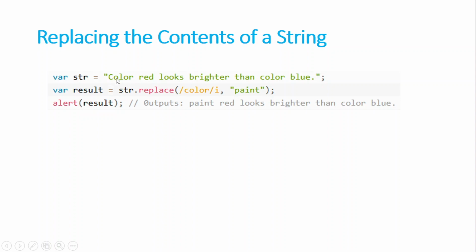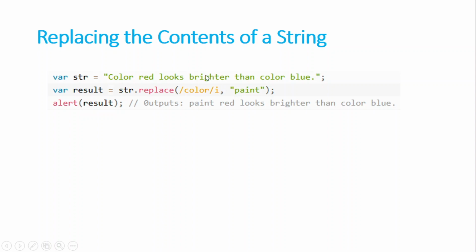You can replace color with paint, whether it matches the case or not. And you can see both of them are replaced. So it was already replaced, but this one was replaced without checking the case. So i means case insensitive, and it is changed to paint now.